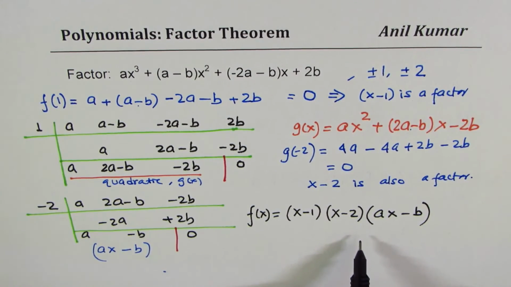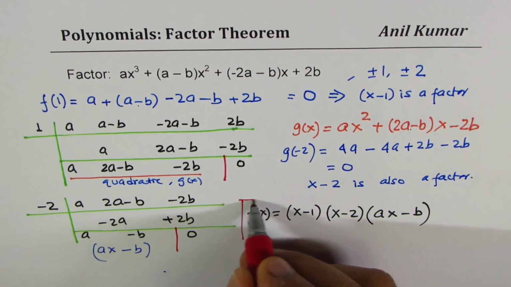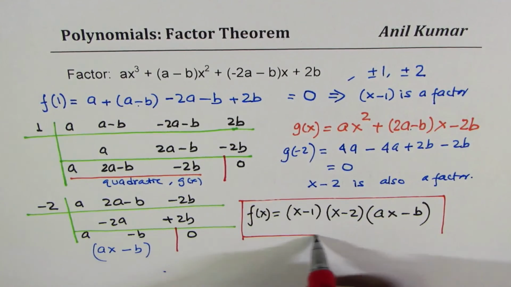Do you get the idea? So these are all the factors which we get for the given expression. That is how we could factor such a polynomial.